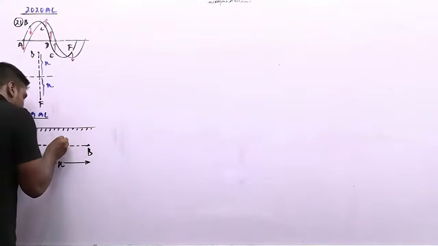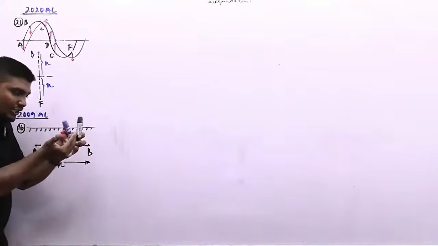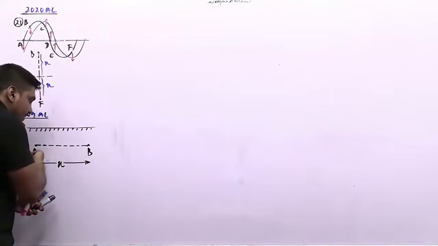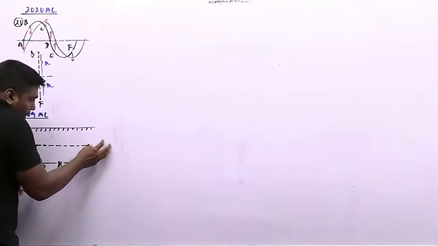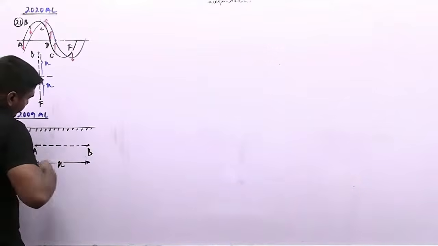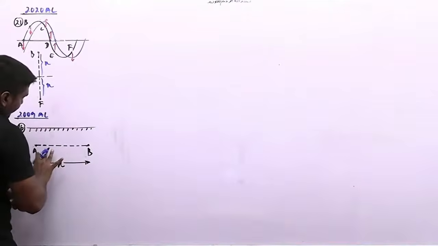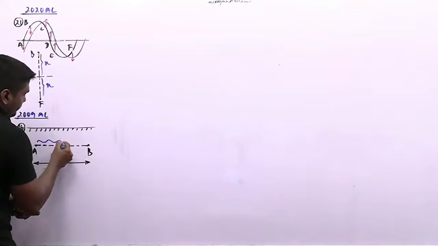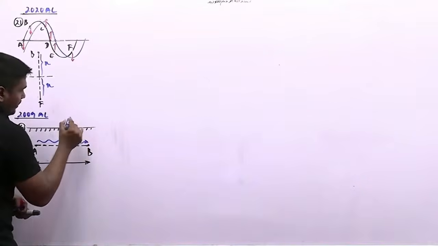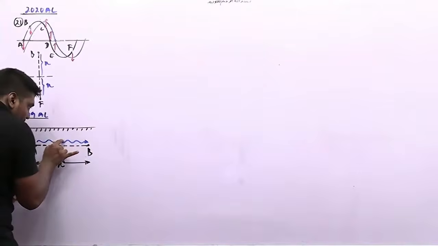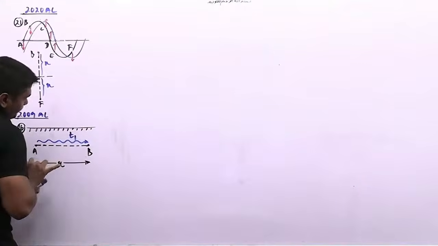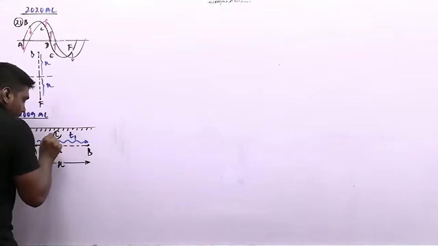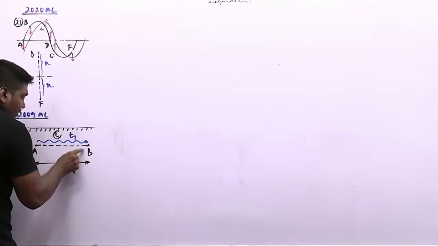Since the longitudinal wave has the larger velocity, it will propagate the distance x and reach the scorpion first. If I draw the longitudinal wave in blue color, the time taken by the longitudinal wave to move from A to B is, let's say, t1.